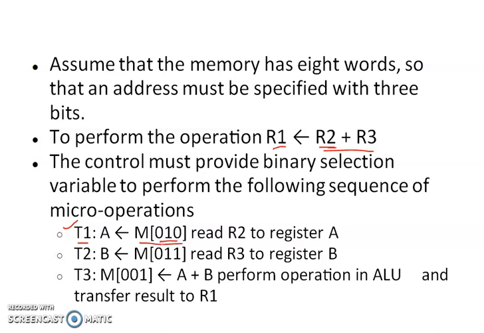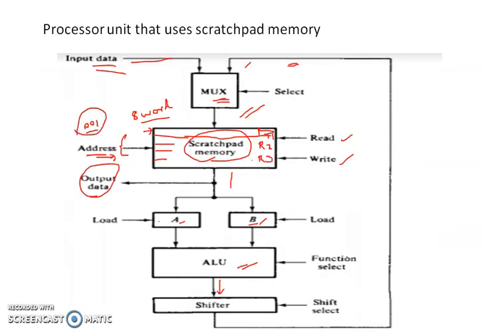So memory means it needs to be represented in this format. So R2, M of 010, will be loaded to register A. Okay, it will be taken as the first operand. So 010 will be loaded to register A. So load is being initiated over here.